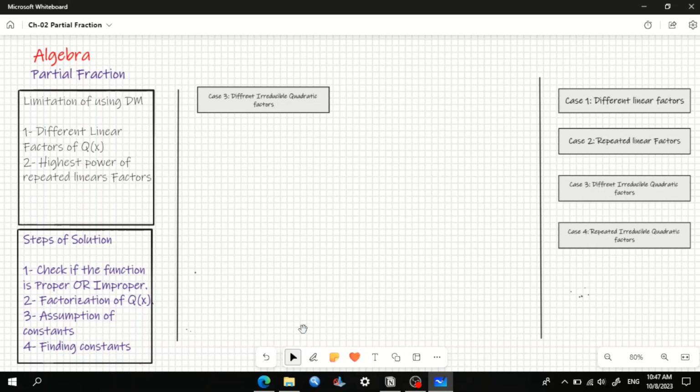So let's write this example: x plus 5, x squared plus 1, x squared plus 4. Here in these two brackets, the roots are imaginary numbers, so these are irreducible quadratic factors.